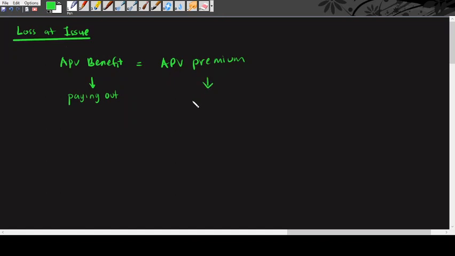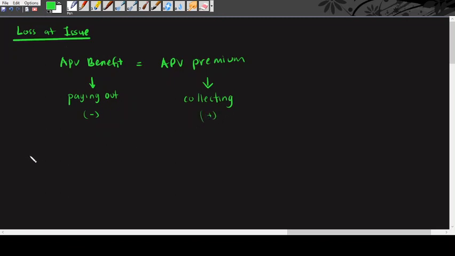The APV of the premium is the expected value that the insurance company will be collecting from the policyholders. So the benefit would be the paying out for the insurance company, and the premium would be the income for the insurance company.